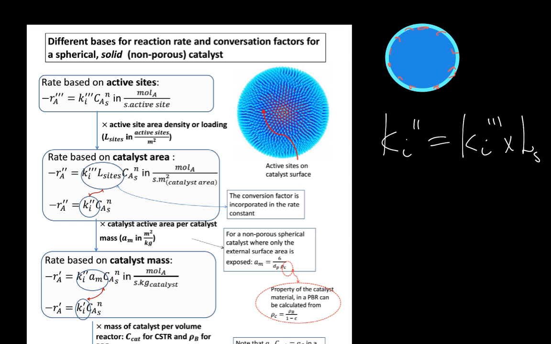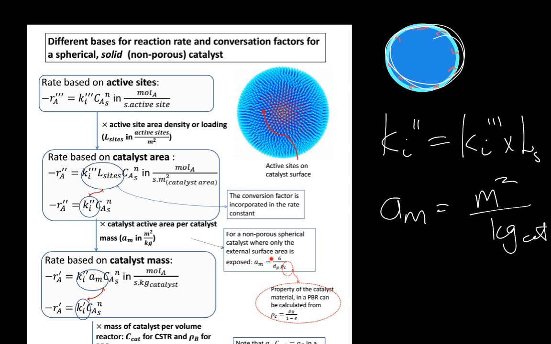So if I have the solid, non-porous catalyst, the conversion factor I am going to use here is AM. Just a reminder, AM gives me the external surface area per kilogram catalyst. It is a geometric calculation and it depends on the shape, and for our spherical shapes we have 6 over the particle diameter, and we use the catalyst density for that conversion factor.